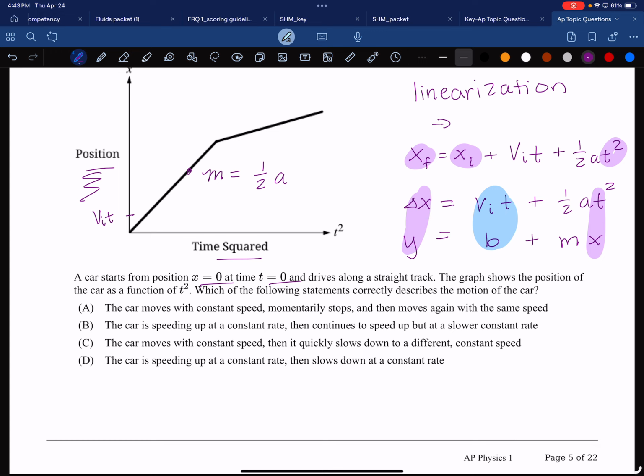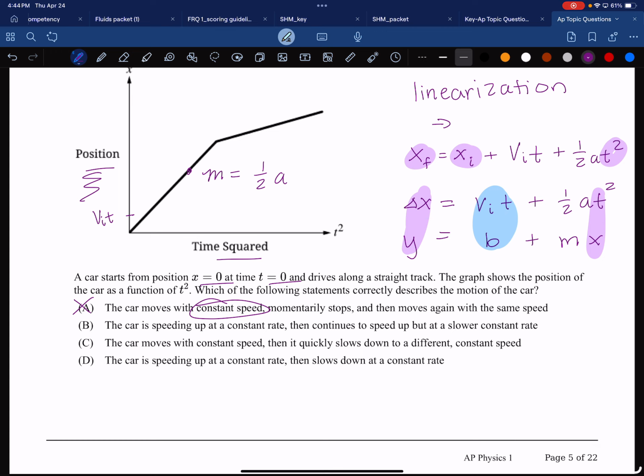C, the car moves with a constant speed, then it quickly slows to a different constant speed. Or D, the car is speeding up at a constant rate, then slows down at a constant rate. So which one of these can we get rid of? A. Why do you say A? Velocity is never 0, so nothing to stop it.